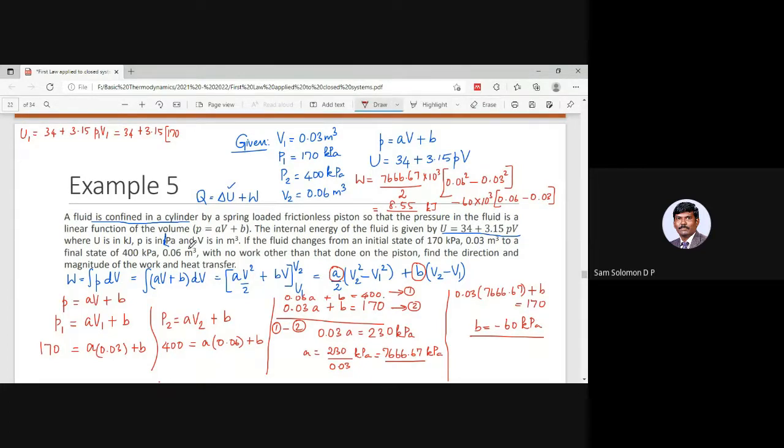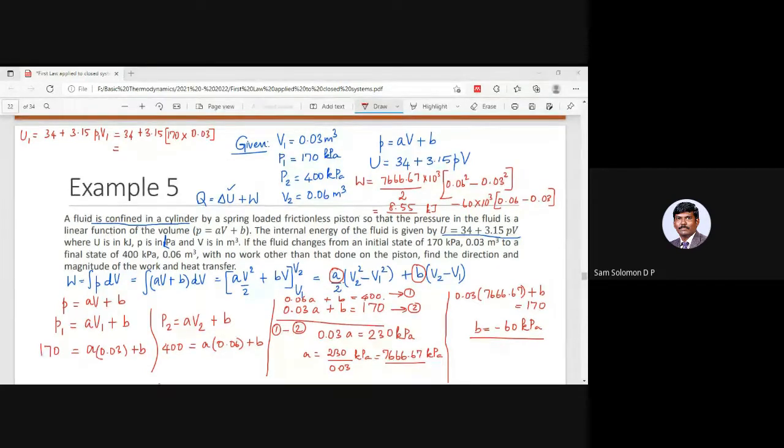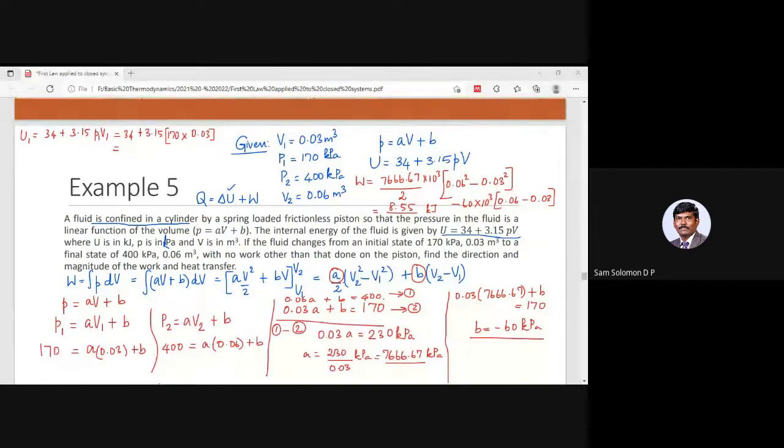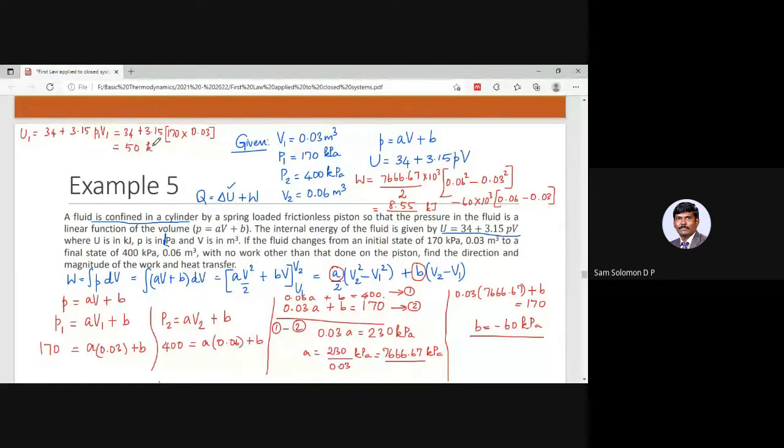So 3.15 into 170 into V1, which is 0.03. This would give you the value of U1. You can check that from the calculator: 170 multiplied by 0.03 with 3.15 and added to 34. That gives you 50 kilojoules approximately.